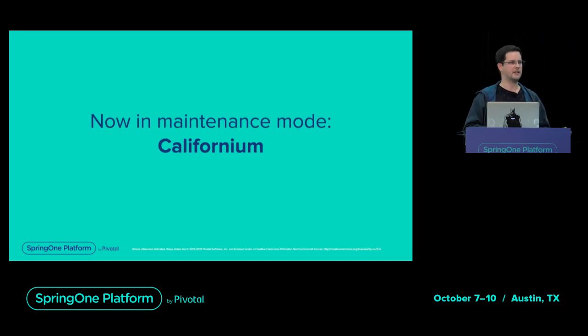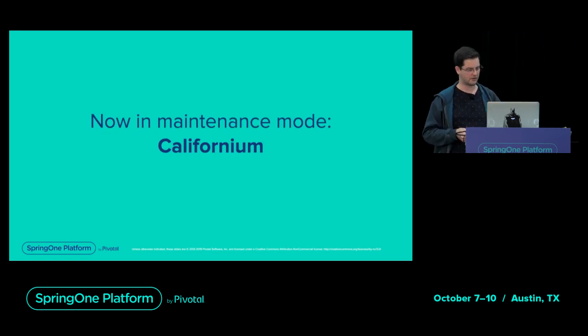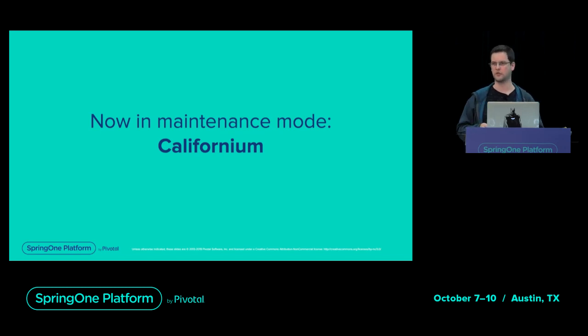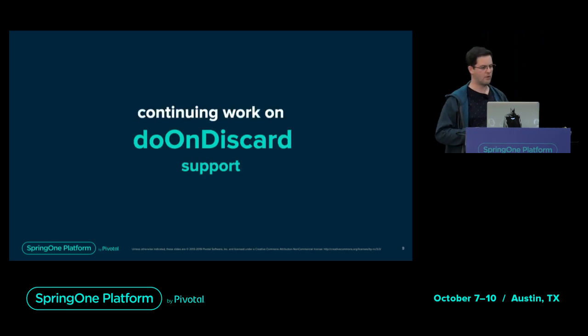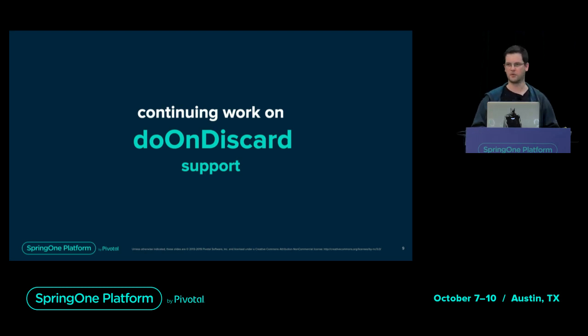So now in maintenance mode, Reactor Californium, that's Reactor Core 3.2, Reactor Netty 0.8. What's been going on since the previous SpringOne? We've been, for instance, continuing our work on doOnDiscard support.